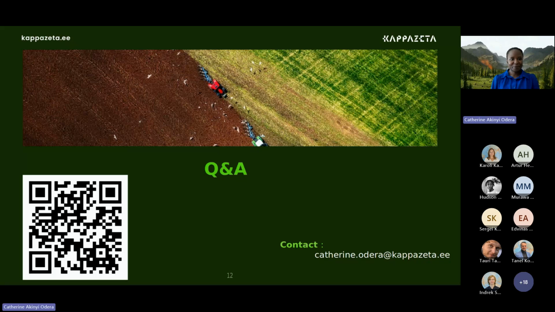Do you have any other question? I have another question. If I understand correctly, so far, none of the involved countries have adopted this model at the operational level. Am I wrong? Yes, you're right. None of them have adopted the model, but the conventional tillage model, we have a model for detecting plowing events for Denmark and Estonia.